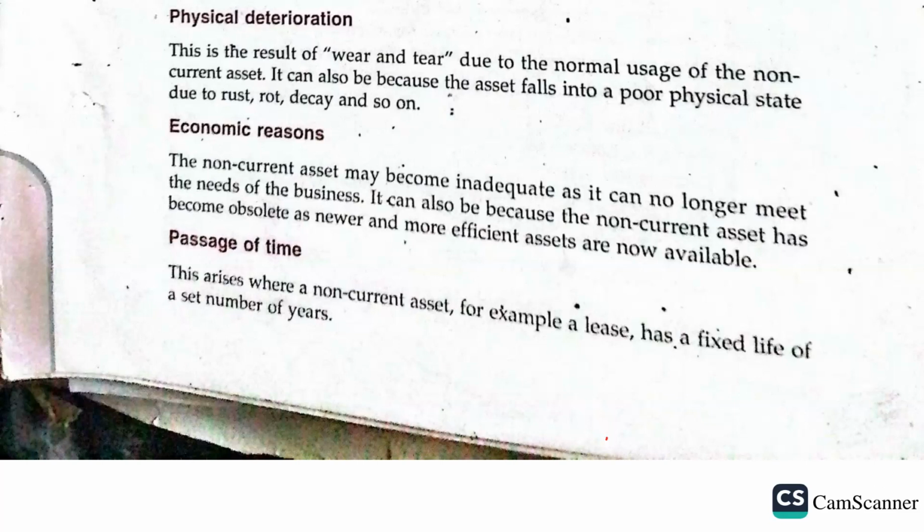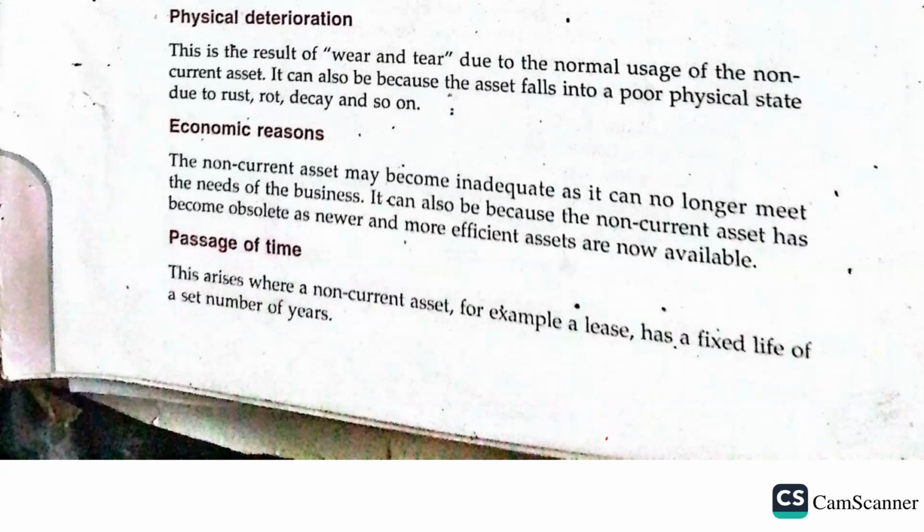When the non-current asset becomes obsolete, it means that it's more like useless. You can no longer use it. It's no longer useful to the business. You no longer need it. And for that reason, we can say that the non-current asset has deteriorated or has lost value, has depreciated.